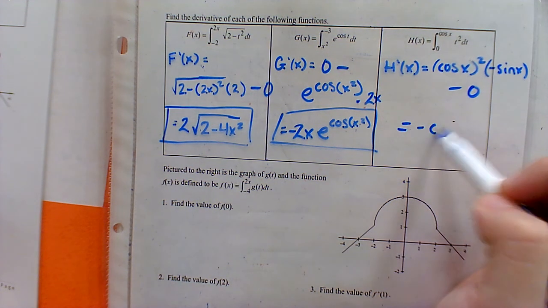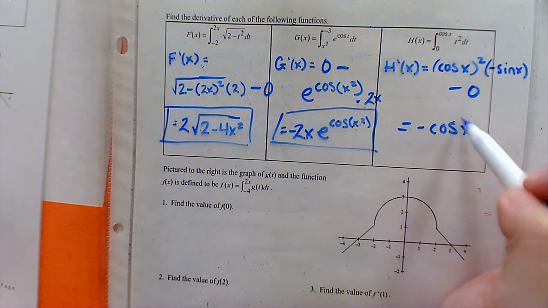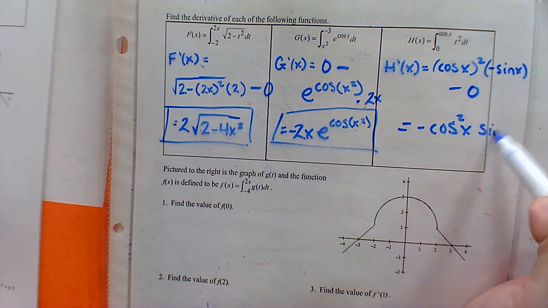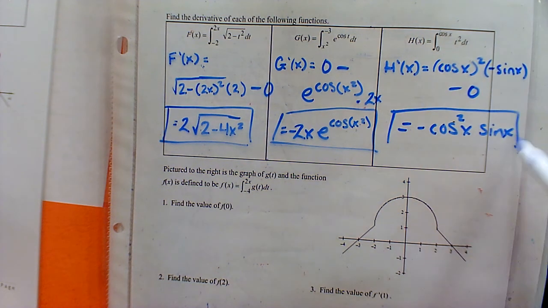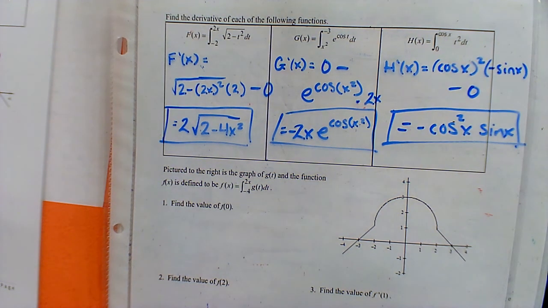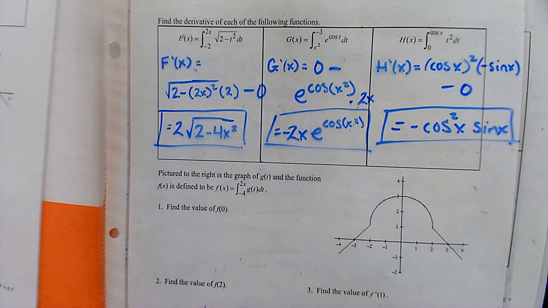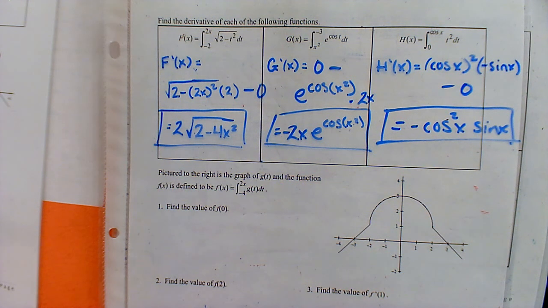So it looks like we're left with negative cosine of x squared sine of x, or however you want to rearrange it. How'd you do? Pretty good? All right, derivative of an integral, they're inverses, they cancel, but we still got to check the bounds. We'll try more tomorrow.